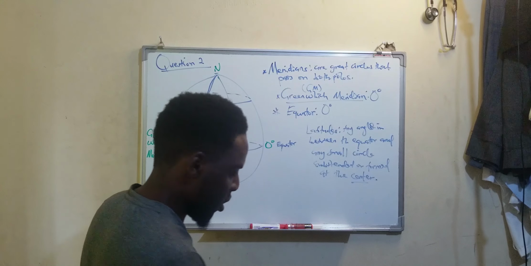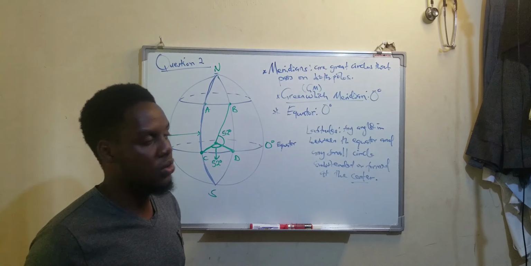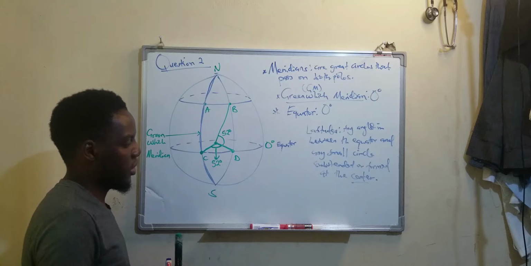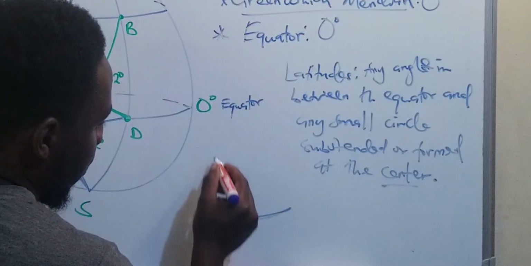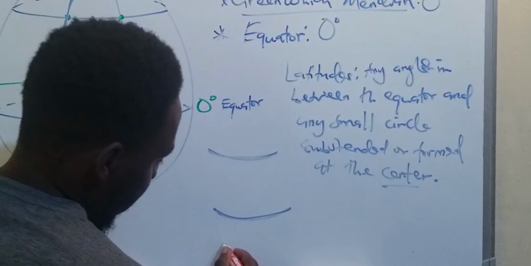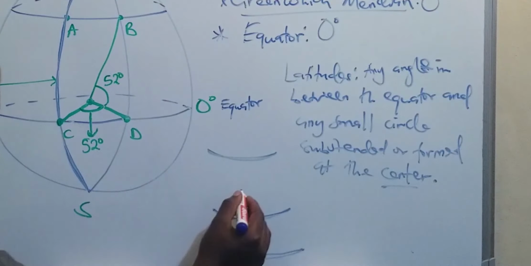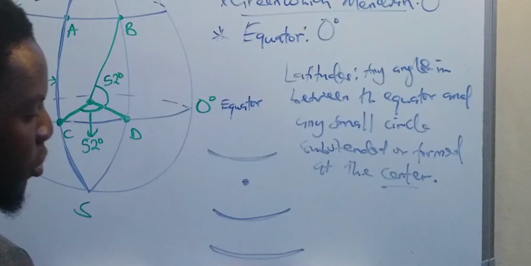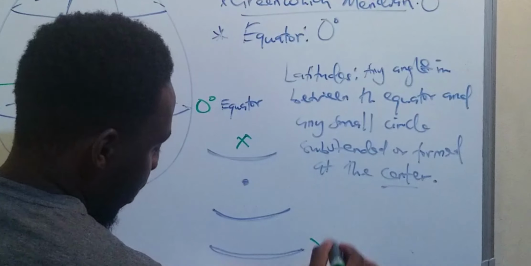So what we mean here is that for you to get the value of the latitudes, you first have to locate the equator. So supposing this is my equator, this is my latitude there, and there's another latitude here at the bottom, and this is where my center is. Let's take the top one to be x and the bottom one to be y.